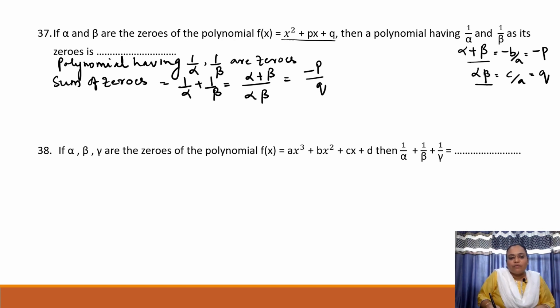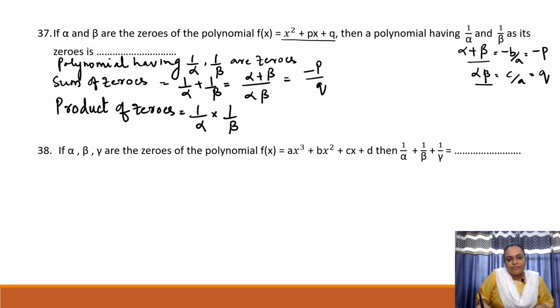Now if you want to find the product of zeros, it will be 1 by alpha into 1 by beta, which is 1 by alpha beta. Correct? So 1 by, what is alpha beta? Alpha beta is q, right? Which is 1 by q. Now we have got the sum of zeros and the product of zeros.